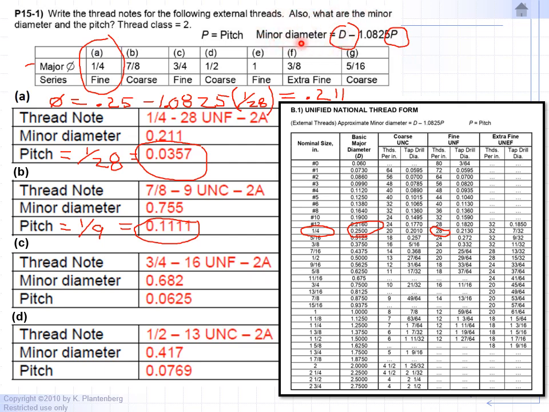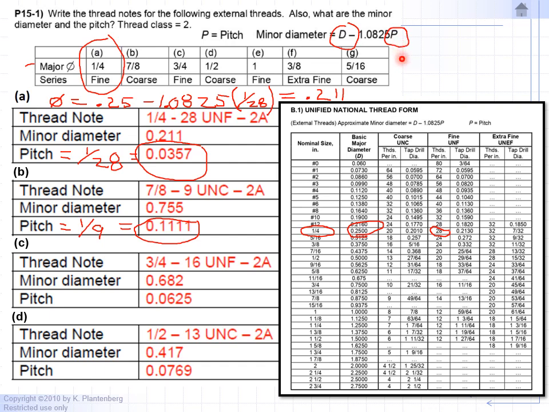Minor diameter equals major diameter. So major diameter is 7/8 or 0.875. If you do the math, 7 divided by 8 is 0.875. Okay, and then we're going to go minus 1.0825 times the pitch.